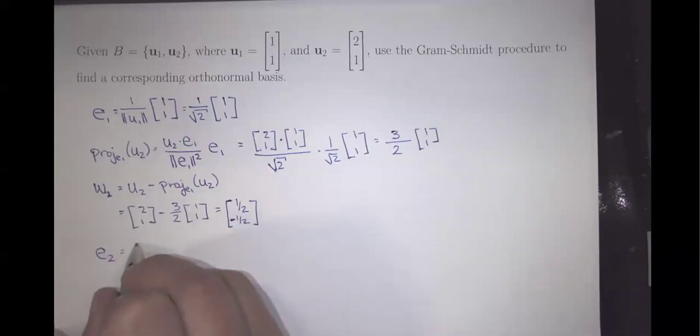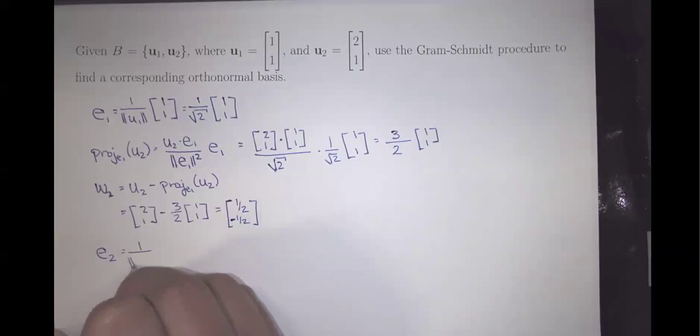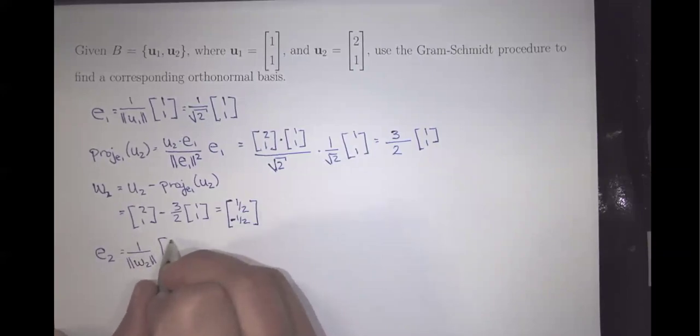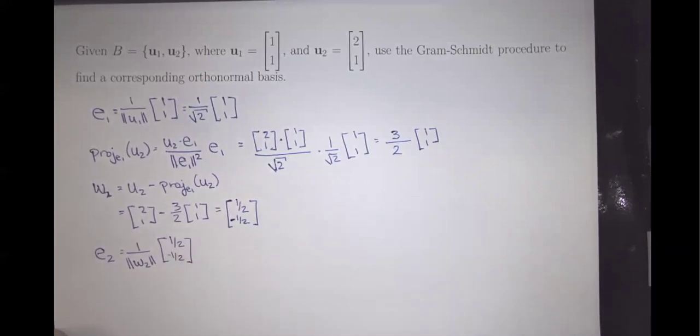So e2 is 1 over the length of W2 times W2. Okay, the length of W2 is a half squared plus a half squared, so that's a quarter plus a quarter, so that's a half.